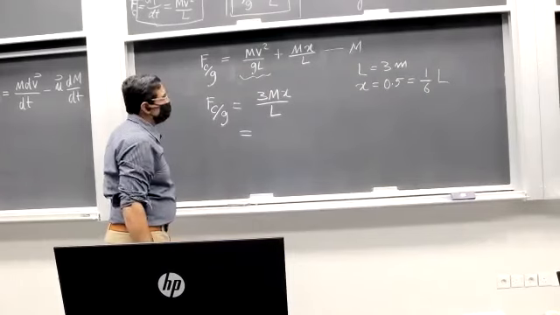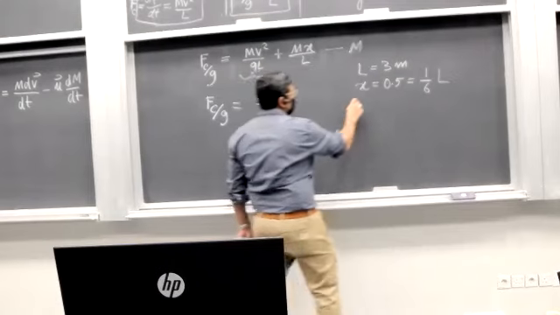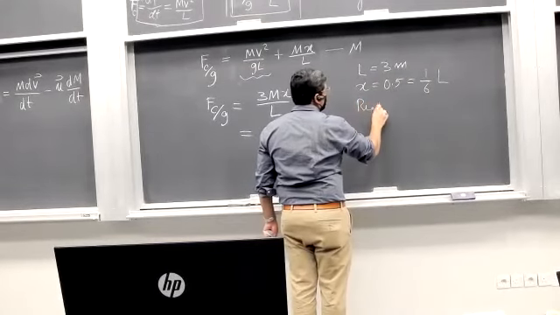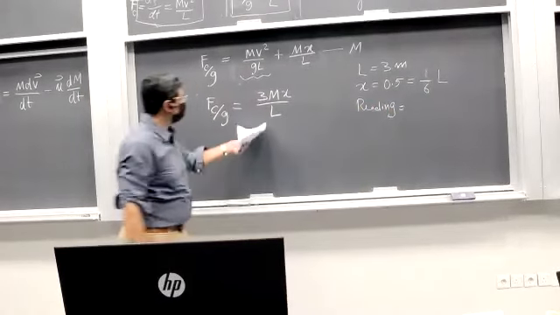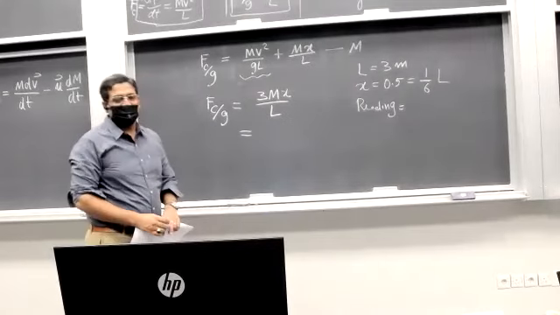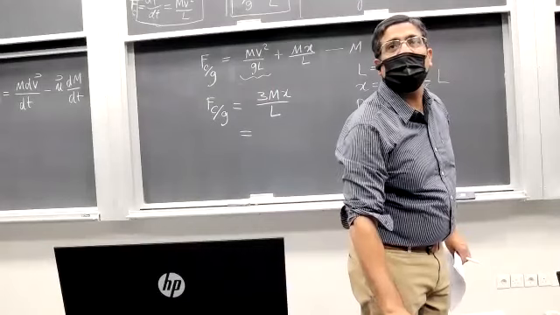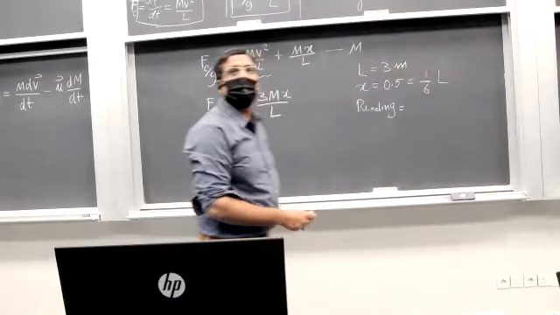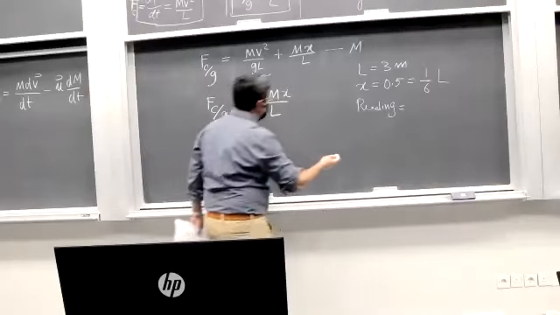What do we get? What would be the reading? Anyone? Is it that difficult? So 0.5 M. Yes, that's correct.